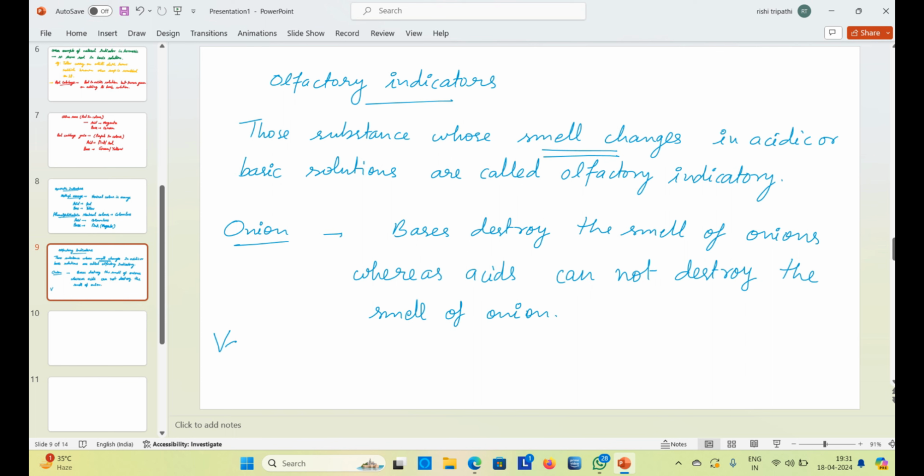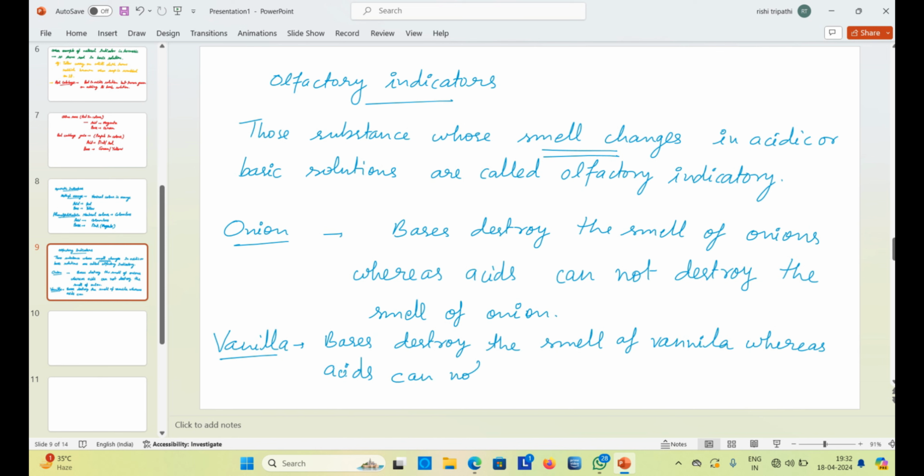Similarly, vanilla, which is also an olfactory indicator, bases destroy the smell of vanilla, whereas acids cannot destroy the smell of vanilla. So bases will destroy the smells, whereas the acids will not.